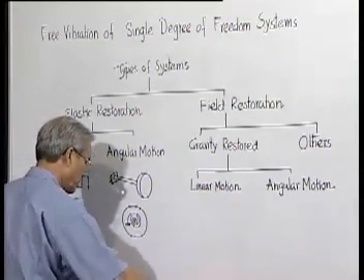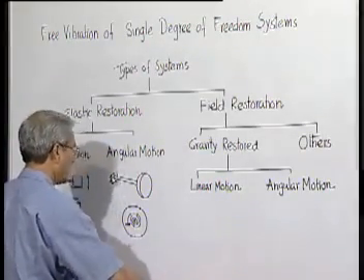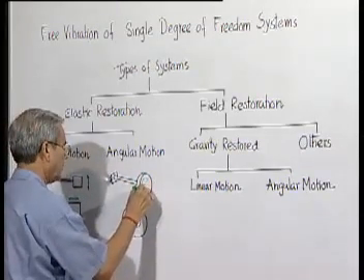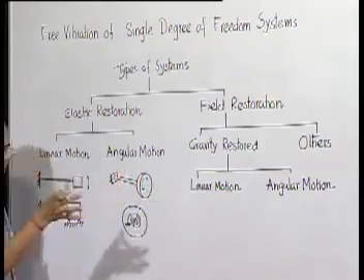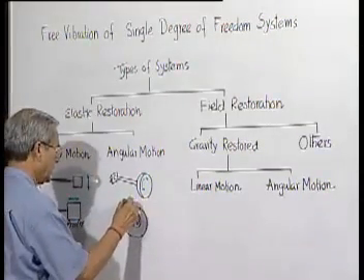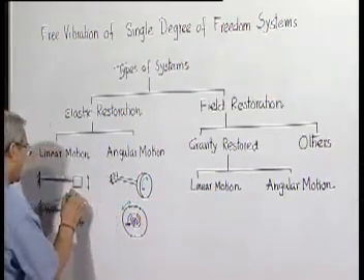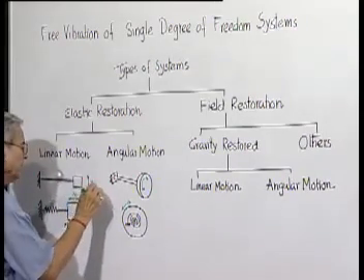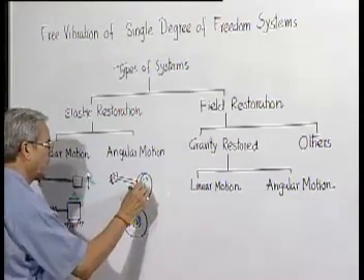Here of course we know that the oscillation will be angular. Same thing here, the oscillation will be angular. So here, if it is represented by x, we will represent it by theta.